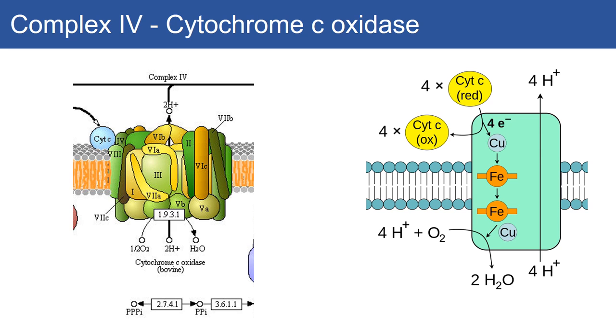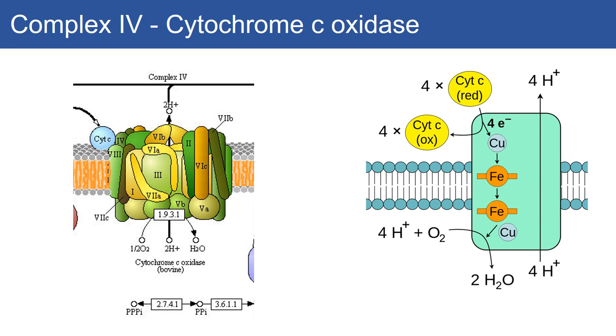So the final electron acceptor in this process is oxygen, and this provides the last step. It's the redox reaction, and it's also where hydrogens are pumped from the matrix into the intermembrane space.